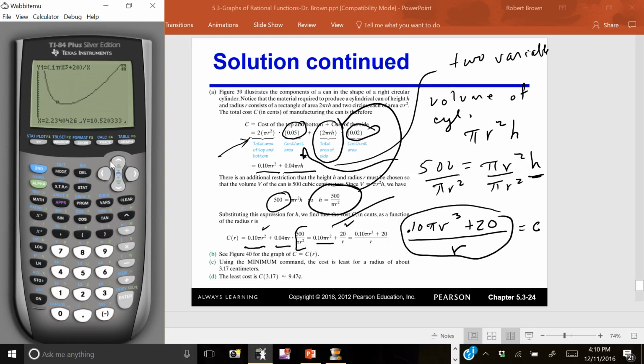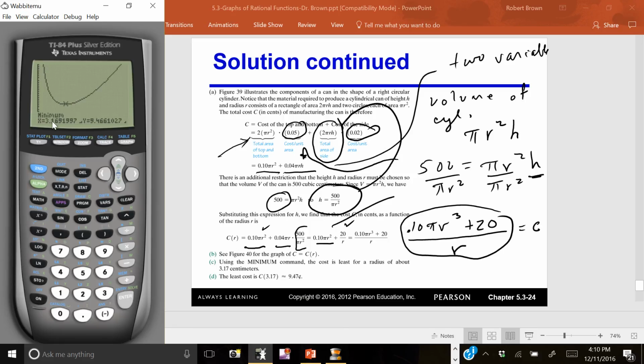Hit second calc. So we want to calculate the minimum value. When it asks for the left bound, hit enter. Then for the right bound, move over to the right of the minimum. Hit enter. When it asks for a guess, hit enter.